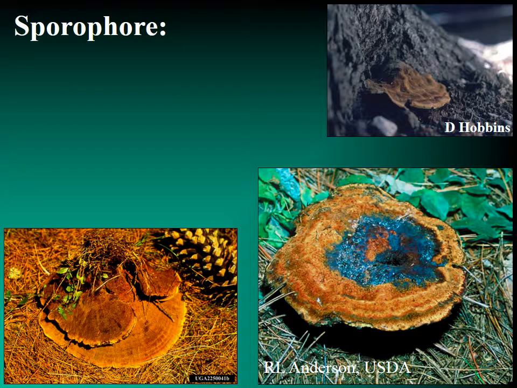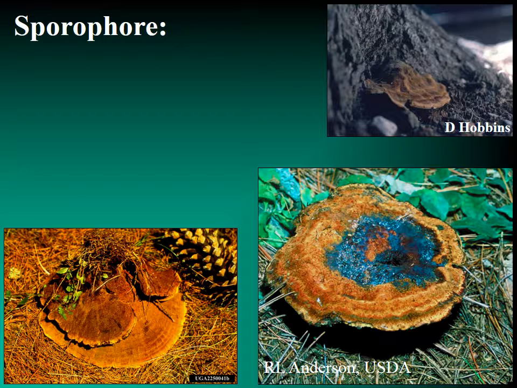The sporophore can sometimes be very large, many inches in diameter. The image in the top right is about a 3-inch diameter conch that has really no stalk. The one in the bottom right is more like 6 to 8 inches in diameter, with a stalk coming up from the ground.